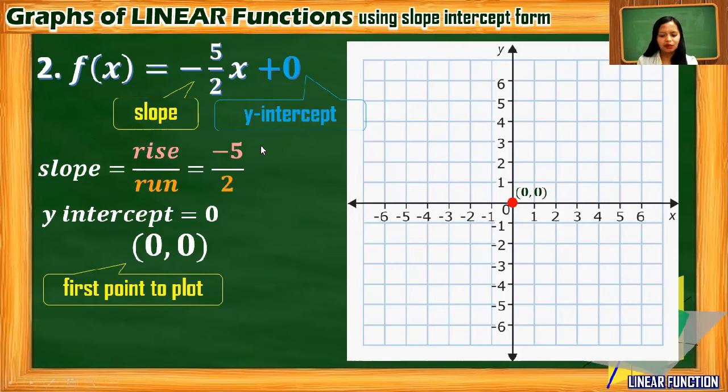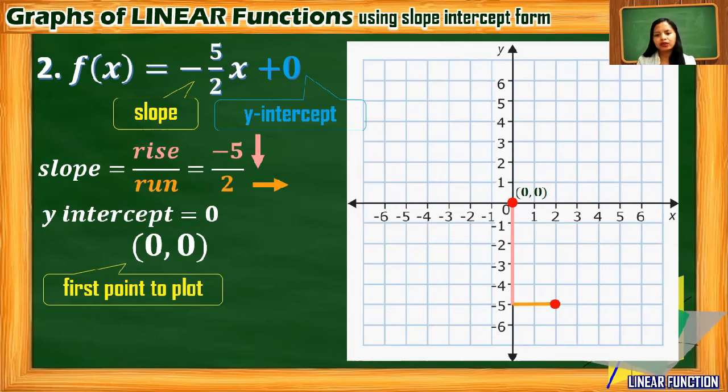So at this time, we need to first move 5 units downward, since we have negative 5 as our numerator, here. And move 2 units to the right, since our denominator is positive 2, here. So, our point (2, -5) is our second point, this one.